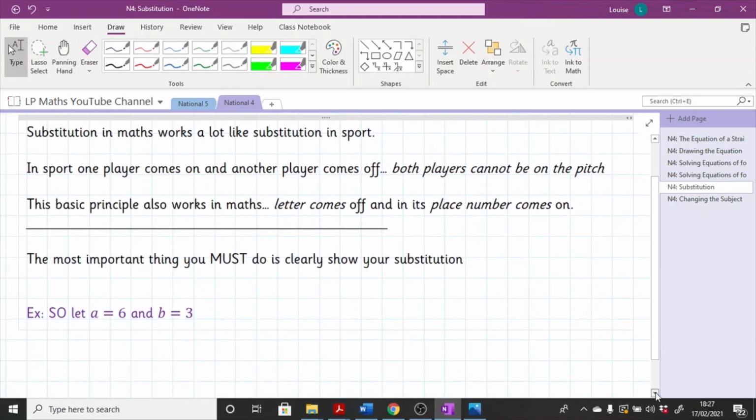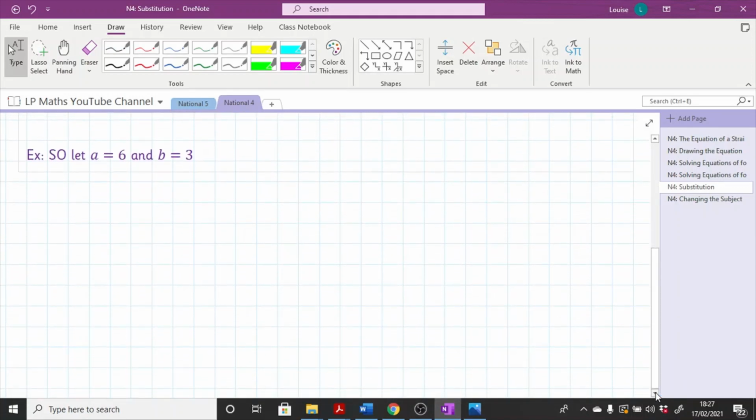So we're going to let A equal 6 and B equal 3. Our first example is, let's do 3A. First comment is there is an invisible sign between 3 and A. I say sign, I should probably say operation. That operation is multiply. So multiply is invisible here.